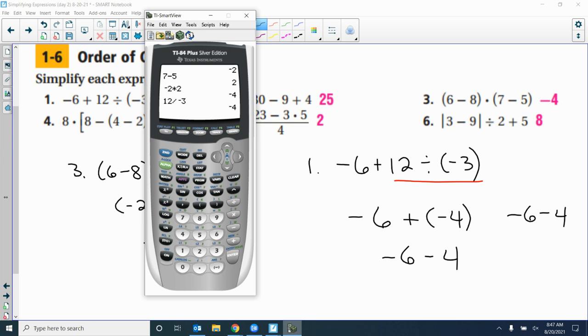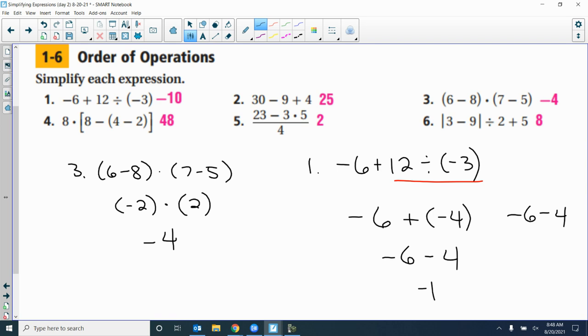So some of you might say, all right, I got -6 plus -4, and when I'm typing it in my calculator, I don't have to do the parentheses each time. It gives me -10. If I do -6 minus 4, it's going to give me -10. Either way, when you're combining, either adding or subtracting, and they both have the same sign, both negative, it's always going to be negative. So -6 minus 4 is -10.